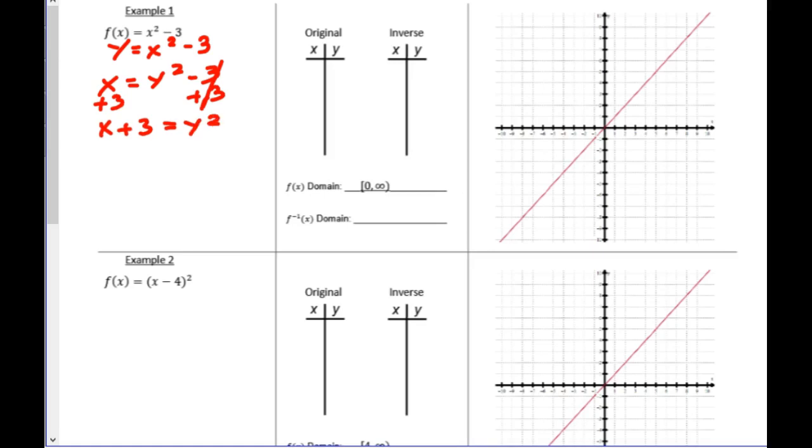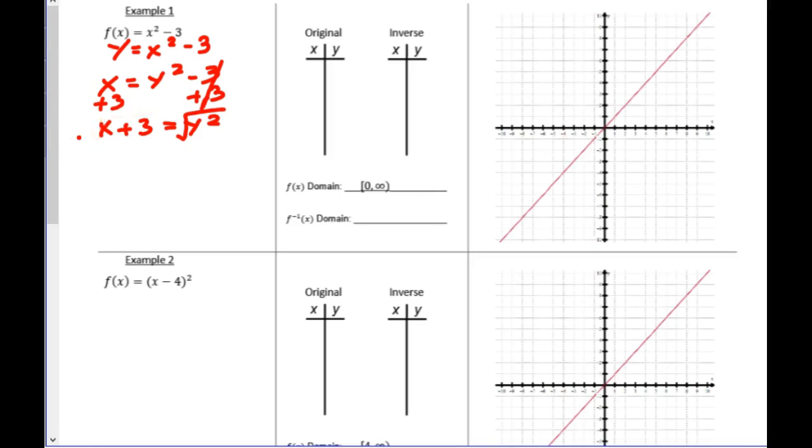Now, here's the new step. How do I get rid of the squared? What's the opposite of squaring something? Square root. So that square root sign symbol. So, here's what you're going to do. When you're left with a square, you're going to do a square root on one side and a square root on the other side.